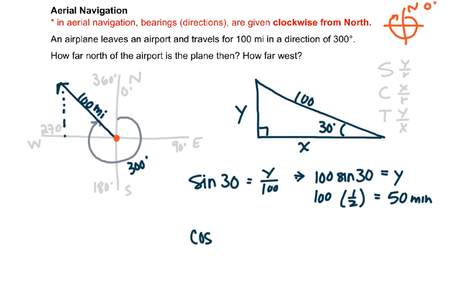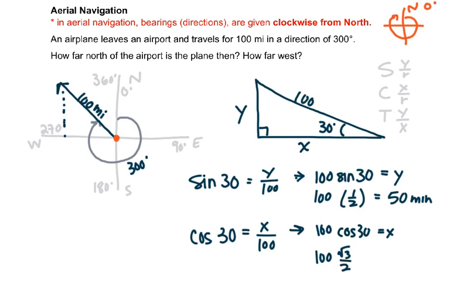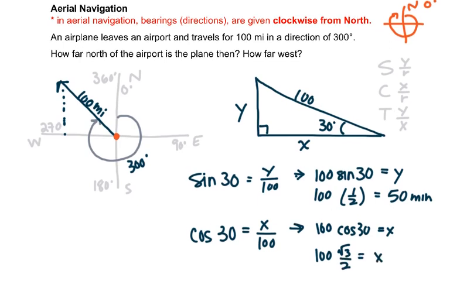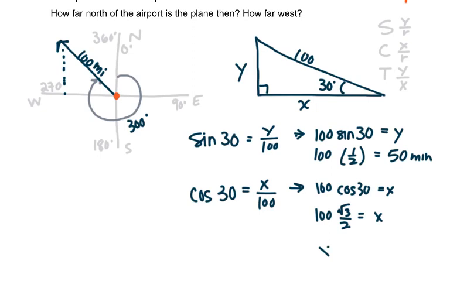And cosine 30 is x over 100, or rather 100 cosine 30 equals x. Cosine 30 is root 3 over 2, so x is 50 root 3.